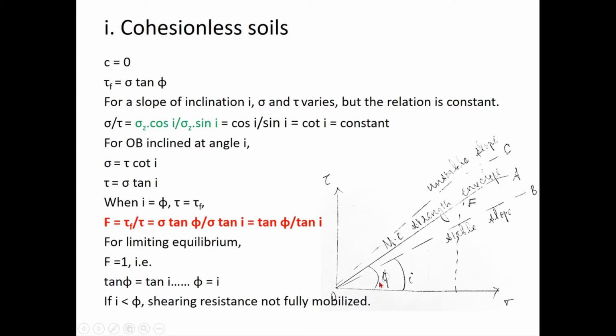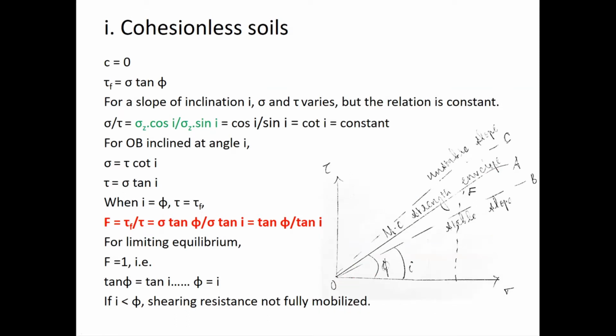We saw many tau-sigma spaces in the Mohr-Coulomb theory when we draw the Mohr circles. So you are very familiar with sigma-tau space, and the line OA here represents my Mohr-Coulomb strength envelope or failure envelope.